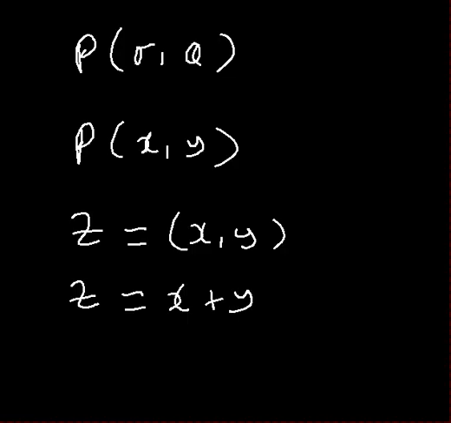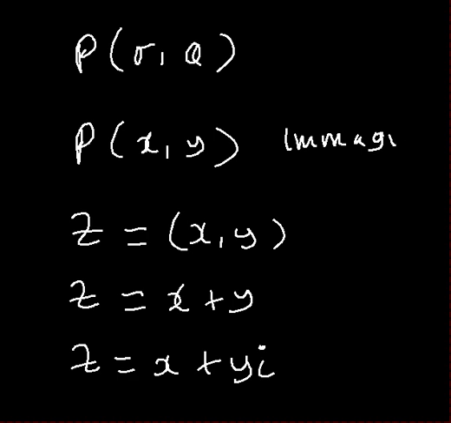But now in the same case, z can also be given as x plus yi, of which i is known as the imaginary number unit. So we call it the imaginary unit number, or simply imaginary number. That's what they call the i.